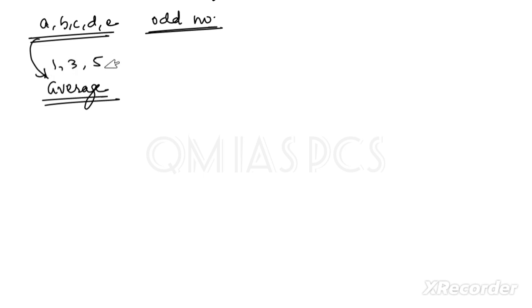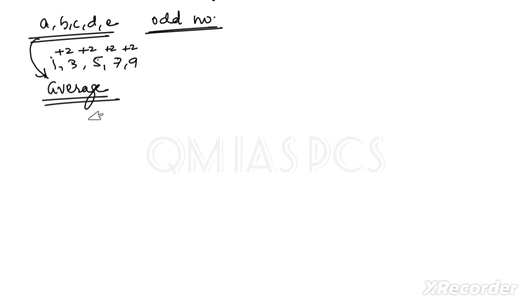If you see this, I am writing 1, 3, 5, 7, 9 just for understanding. From 1 to 3, what is the gap? If you add 2 it will be 3, add 2 it will be 5, add 2 it will be 7, add 2 it will be 9. That means the difference of two consecutive odd numbers is 2.